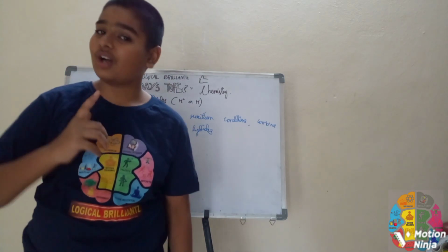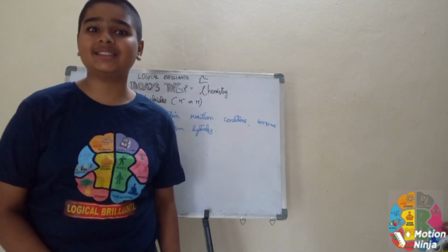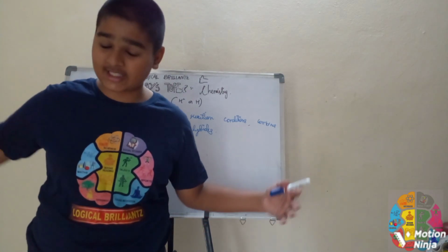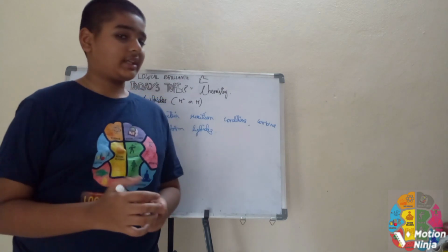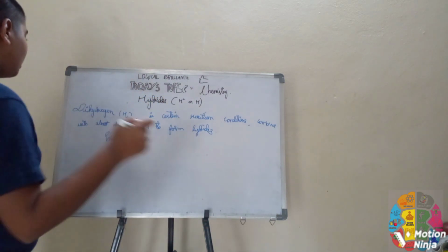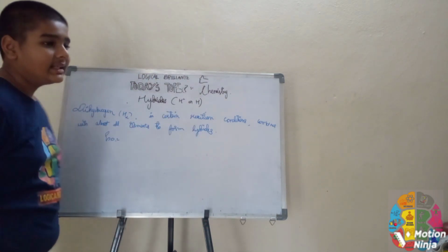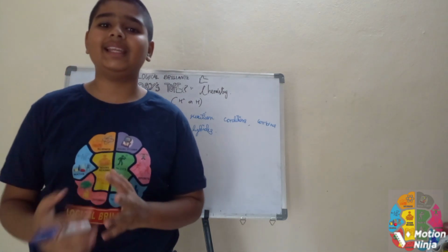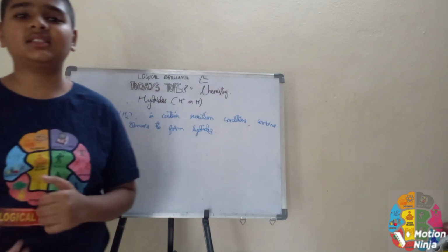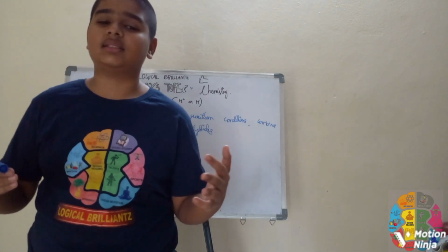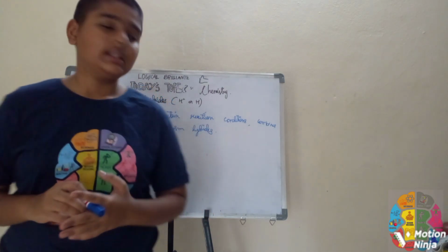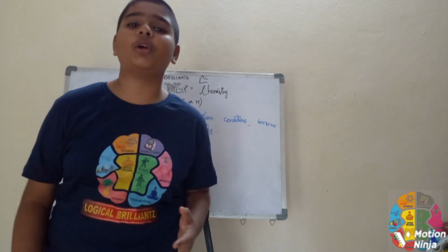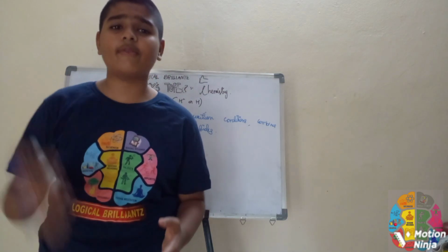I said almost all, which means it has some exceptions. Yes, chemistry means exceptions are compulsory. The exception is noble gases. It doesn't form hydrides with noble gases like helium, neon, argon, etc. Dihydrogen doesn't react with noble gases, and except noble gases, it reacts with every element.